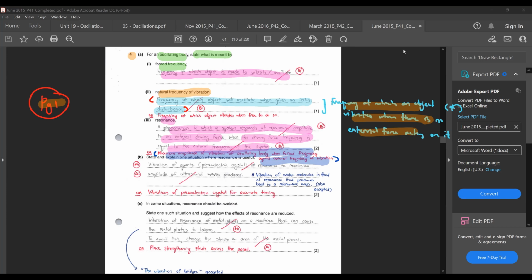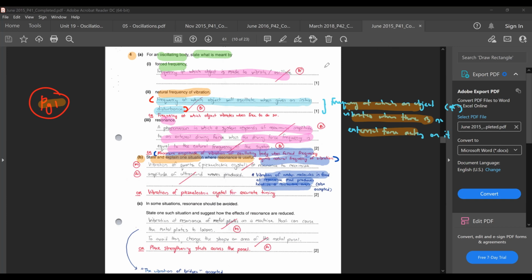Now, part B is asking you, state and explain one situation where resonance is useful. So for this particular case, just now I mentioned to you that there are 2 cases that you can remember. You can either say the vibration of water molecules in food at resonance that produces heat in a microwave oven. This is one example.